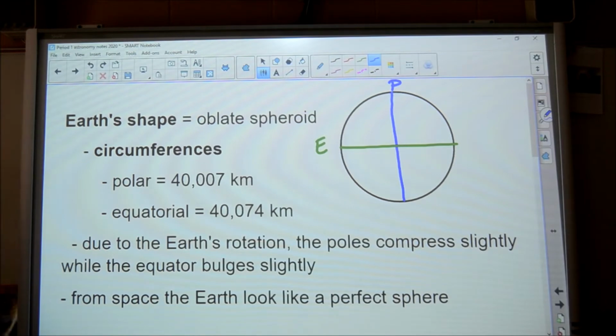The reason that your equatorial circumference is greater than your polar circumference is because the Earth is rotating. With the Earth's rotation, what happens is, think of it, you had a beach ball. Take a beach ball and put a little pressure, put your hand on the top and the bottom of the beach ball.